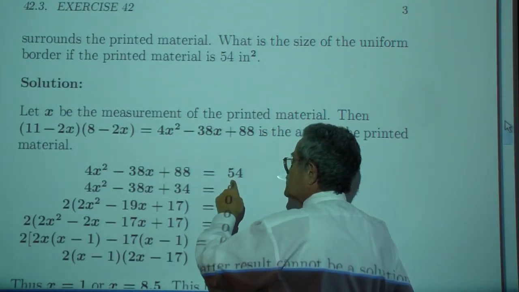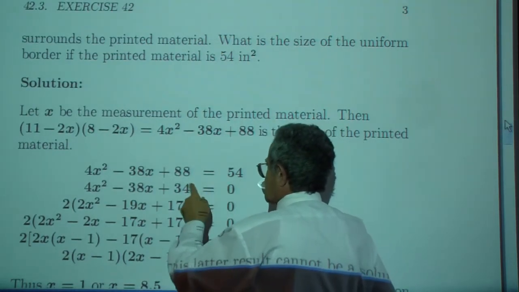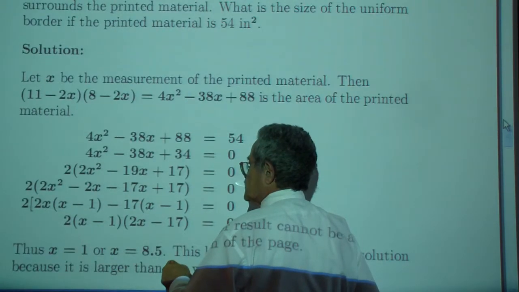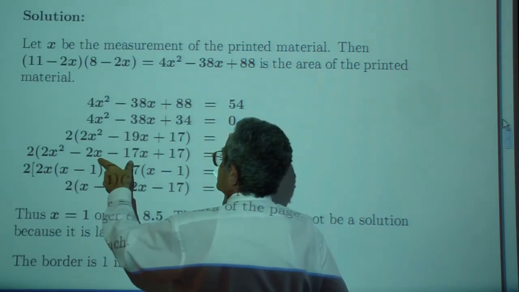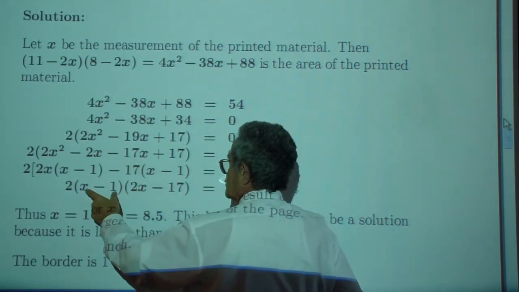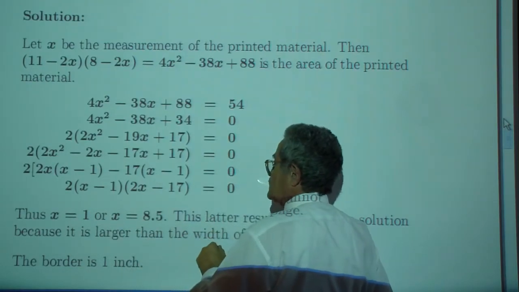That is supposed to be 54 square inches. Subtract 54, factor out the greatest common factor, which is 2. Find the two magic numbers, negative 2, negative 17. Factor out x minus 1, and then you're left with 2x minus 17.